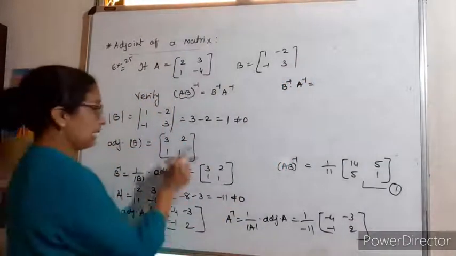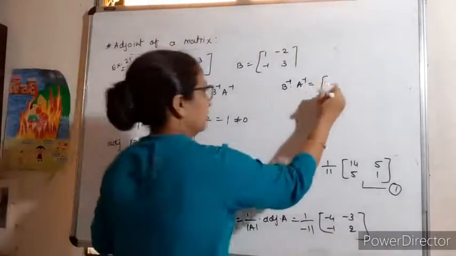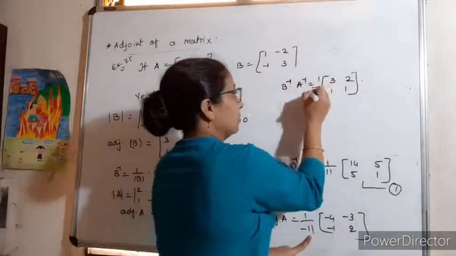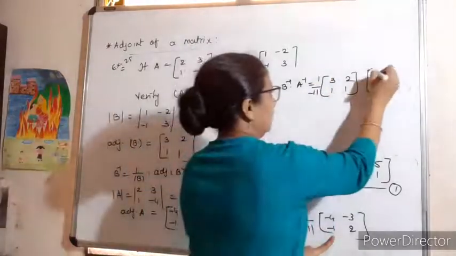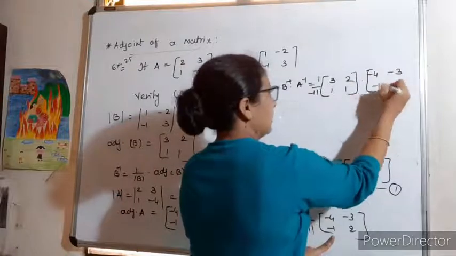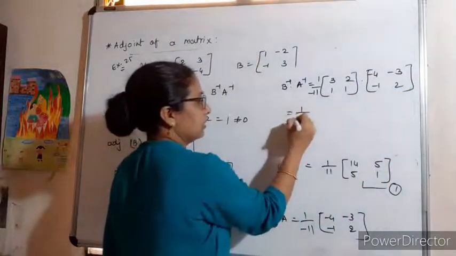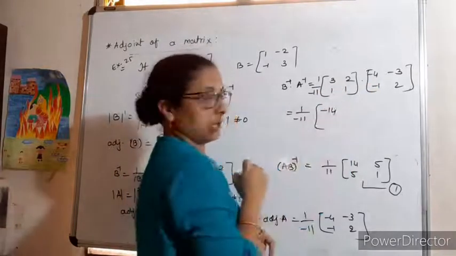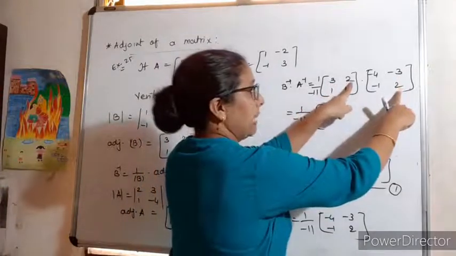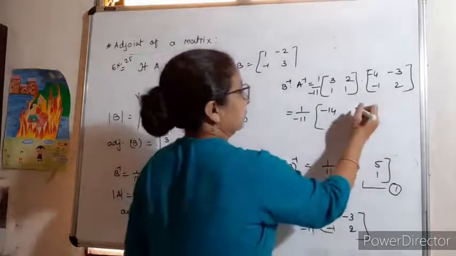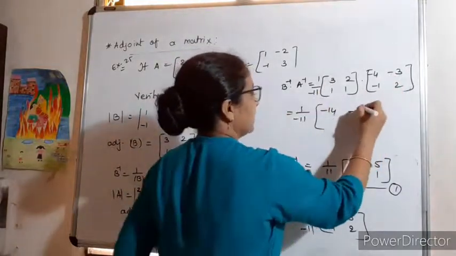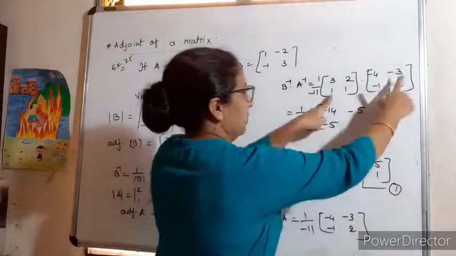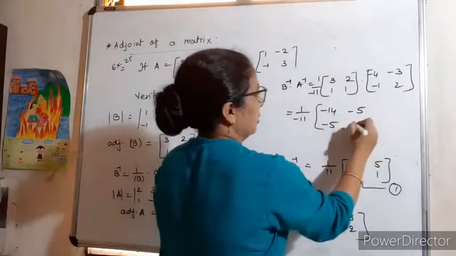So B inverse is here 3 2 1 1, into A inverse, which I have taken ahead, here 4 -3 -1 2, is equal to -12 -2 -4 0, -9 -4, -9 plus 4 that is -5, -4 -1 -5, -3 plus 2 -1.